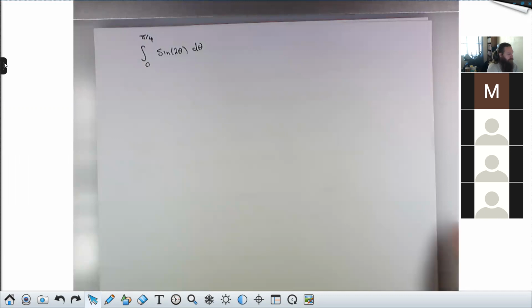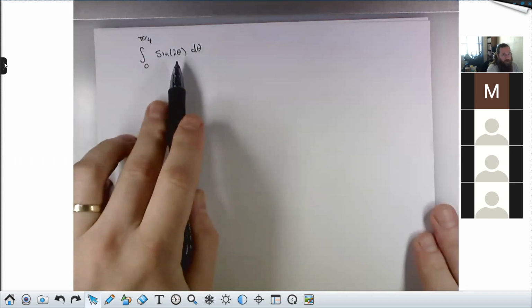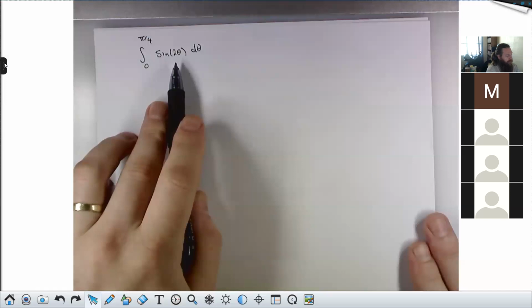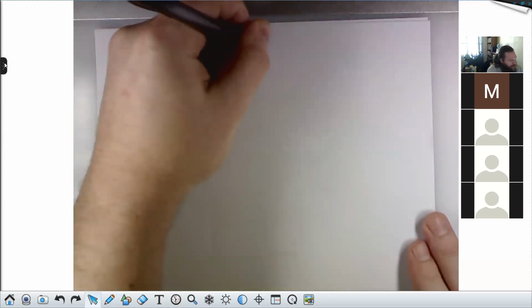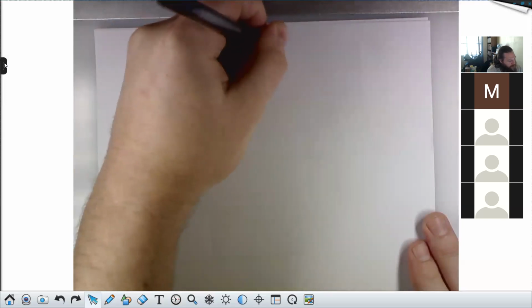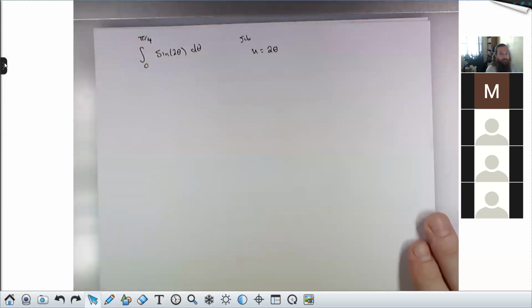Again, I've got a composite function here. My outer is sine, my inner is 2 theta. So I would like to sub u equals 2 theta, because I want to integrate just sine of u. I know how to do that. I don't know how to integrate sine of 2 theta.